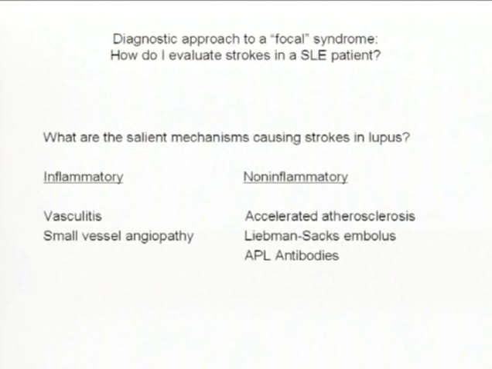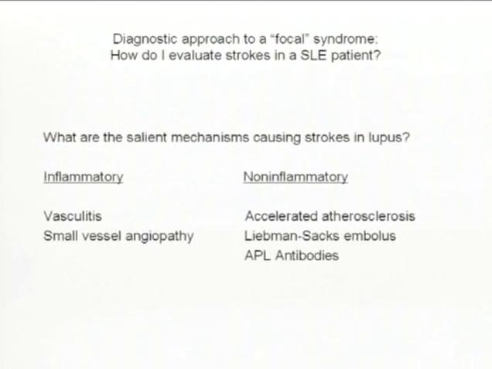Accelerated atherosclerosis. Lupus patients over the course of their lifetime have a 40-fold higher risk of heart disease, coronary artery disease, compared to the general population. Antiphospholipid antibodies are antibodies that are associated with strokes.